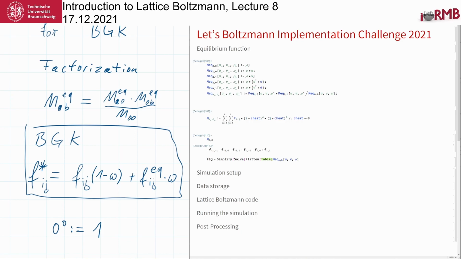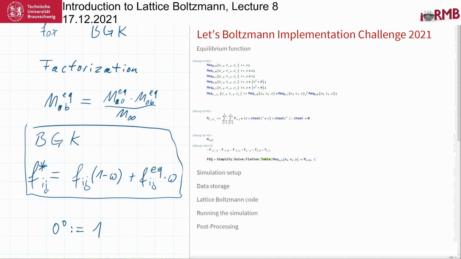So this is equal to, we have now a set of equations, and we specify equations by double equal signs. So this is equal to m, this is equal to the definition of moments. So the moments MAB are now set to the equilibrium, and what we want to have is of course the distributions that correspond to this.